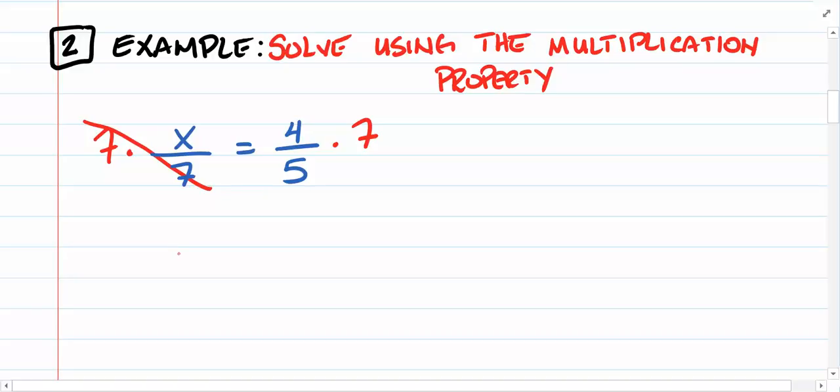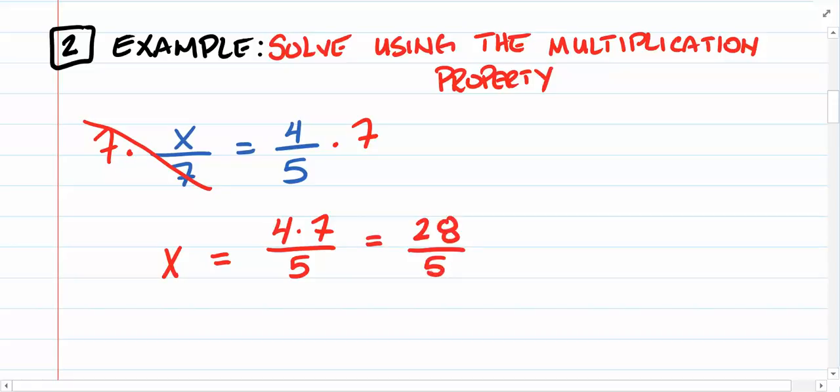So what I'm left with is this: x is now equal to 4 times 7 all divided by 5. 4 times 7 is 28, and it's still all divided by 5. You can run that through your calculator and get a decimal of about 5.6. So we have solved the proportion using the multiplication property.